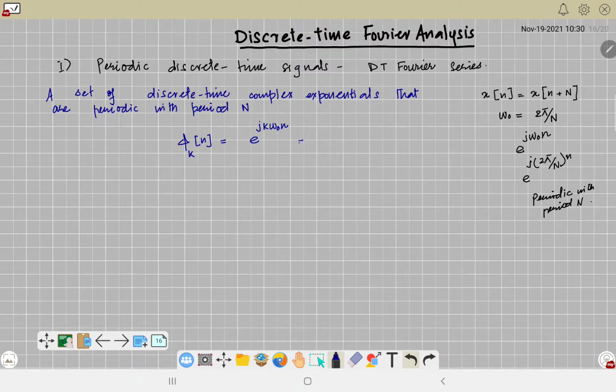If you express it in terms of the time period, it can be like this.